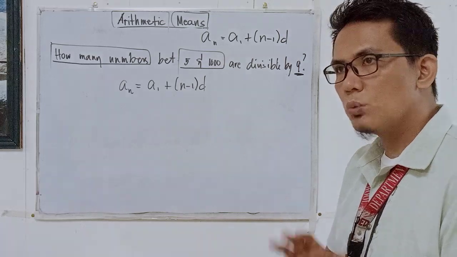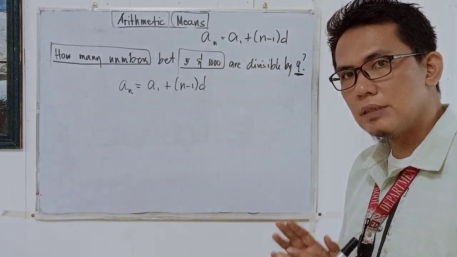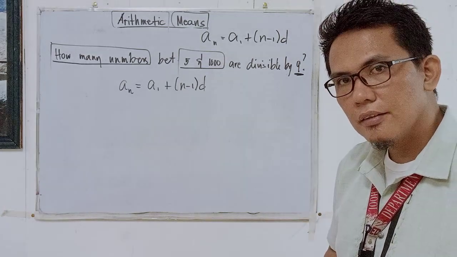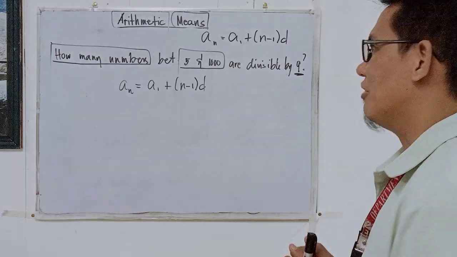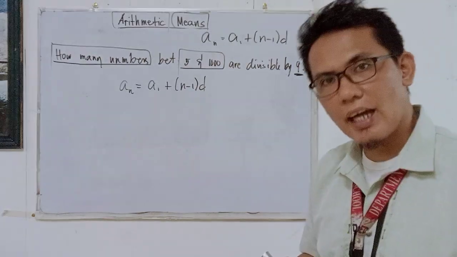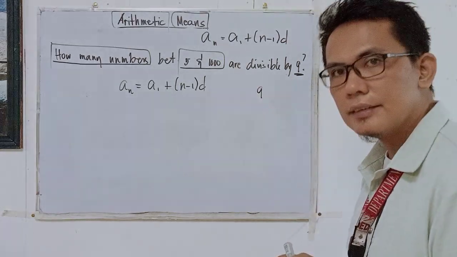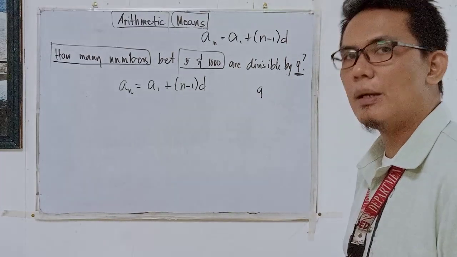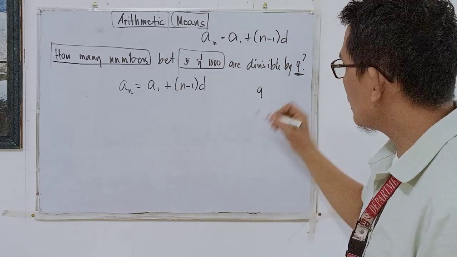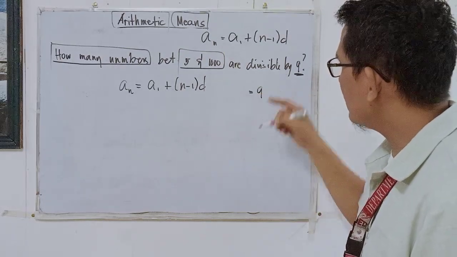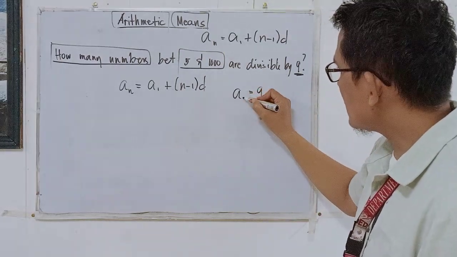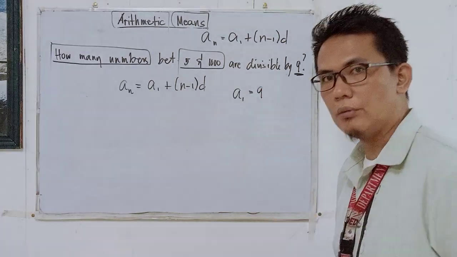So the question is, what is the first number that is divisible by 9? The first number divisible by 9 between 5 and 1,000 is 9. 9 divided by 9, the answer is 1. So we identify that this is now our first term in the sequence.